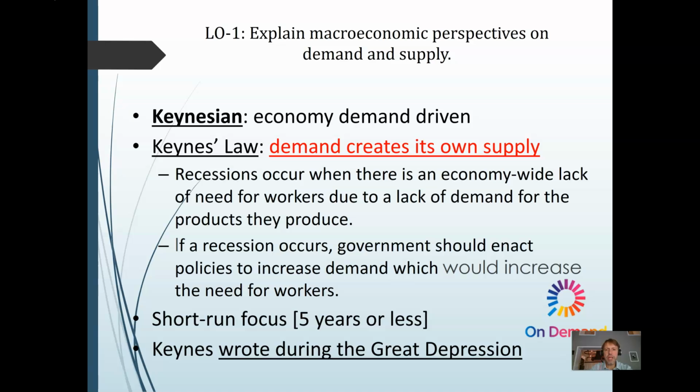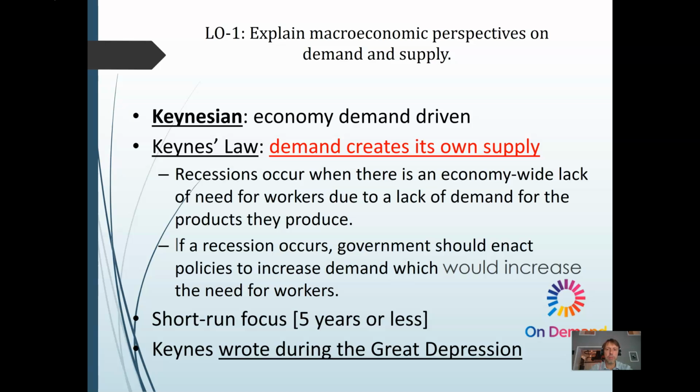But demand creates its own supply, and as a result, when we have recessions where people are losing work, and there is a decrease in demand for products that they would have otherwise produced, that's how recession kind of comes into being.